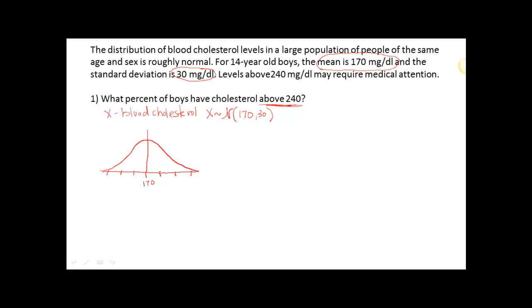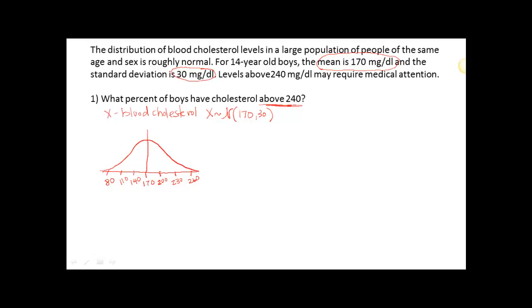So if I take that 170 plus the value of 1 standard deviation, which is 30, then I get 200. If I add another standard deviation, I get 230, and another one I'll get 260. On the other side, I'm going to do the same thing, except for subtracting 1 standard deviation each time.